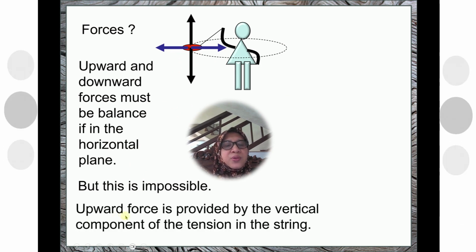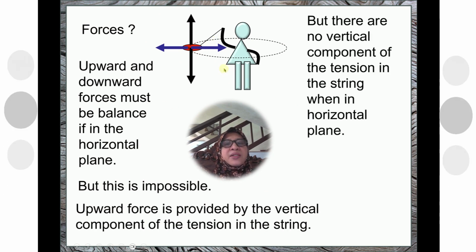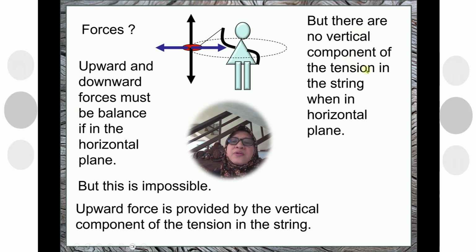Why? Because there is no upward force. The upward force is provided by the vertical component of the tension in the string. This is the stone attached to the string, so the upward component of the tension must be there. But if the string were horizontal, there would be no vertical component of the tension.